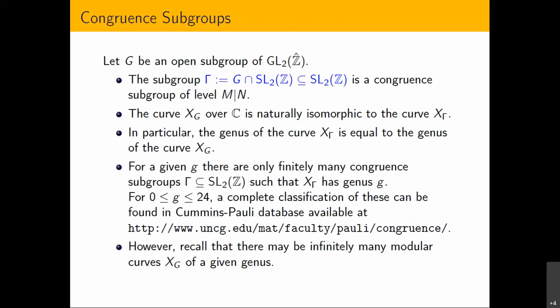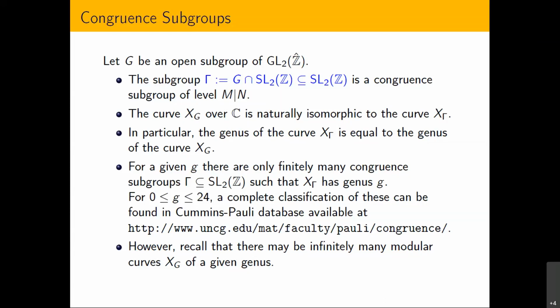And there is a nice thing about congruence subgroups: if we fix g, then there are only finitely many congruence subgroups such that X sub gamma has genus g. And for genus between 0 and 24, there is a complete classification available in the Cummins-Pauli database.